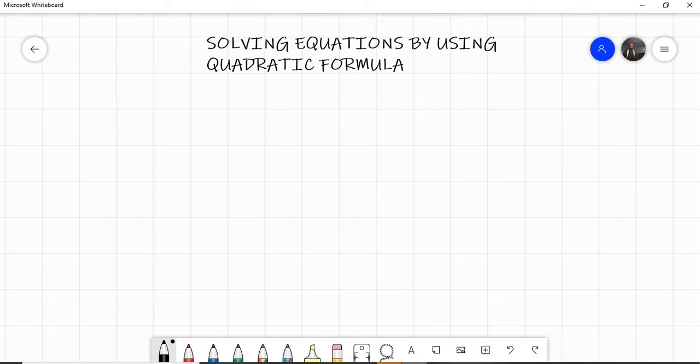Today we're gonna learn how to use quadratic formulas. Basically our lesson is about solving equations by using the quadratic formula.